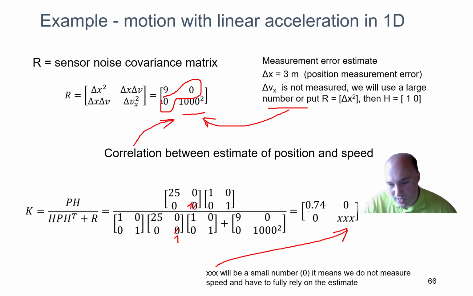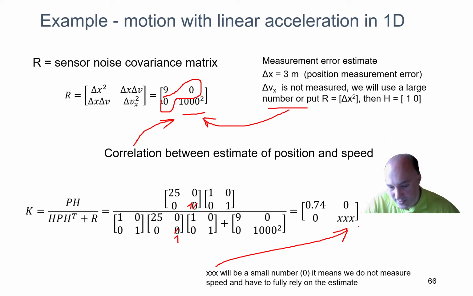So here we have 0.74. So this means that in my initial estimate I have more confidence in my measurement. And again, this will update in time, so it will get smaller, and I will have more confidence in my estimation. Here we have zeros, because we have zeros in the matrices, so we're multiplying 0 by 0.